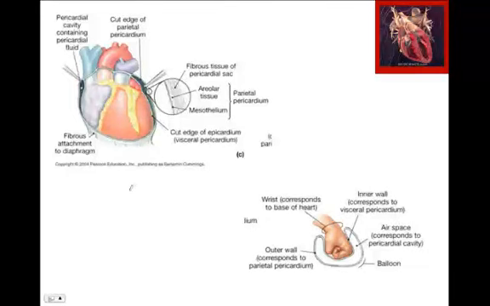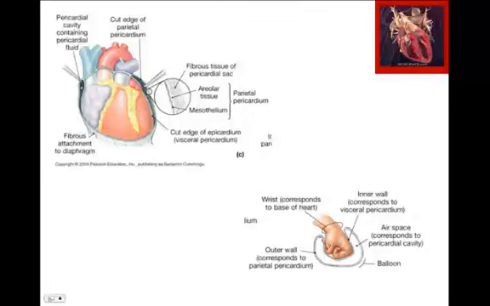So if you could picture your fist being the heart, and a balloon being the serous pericardium. If you were to take your fist and punch it into a balloon, the innermost layer of that balloon that directly touches your hand, or the heart, is going to be the visceral pericardium.